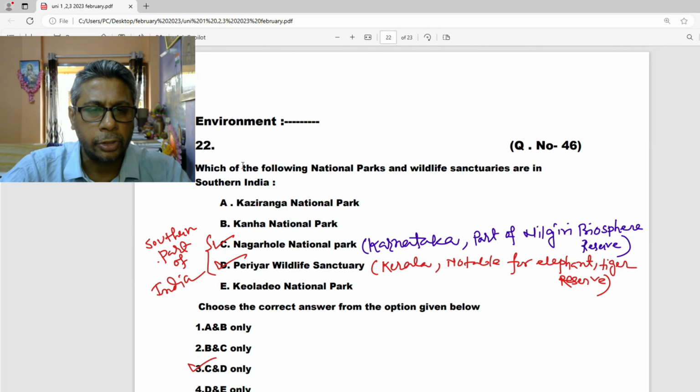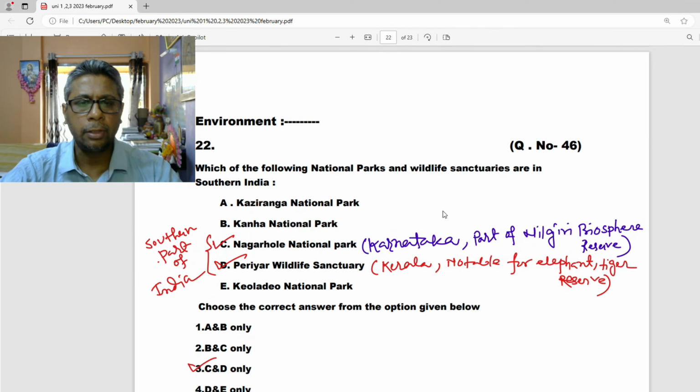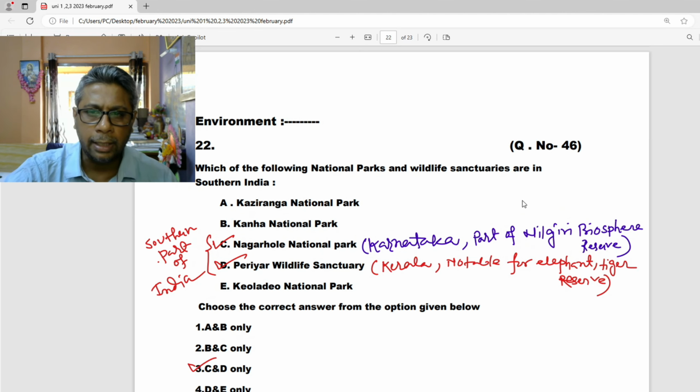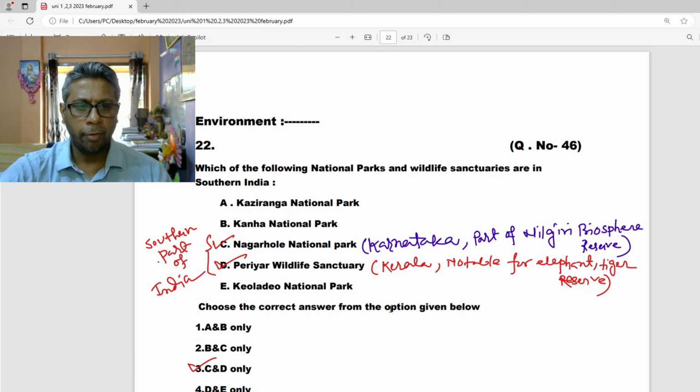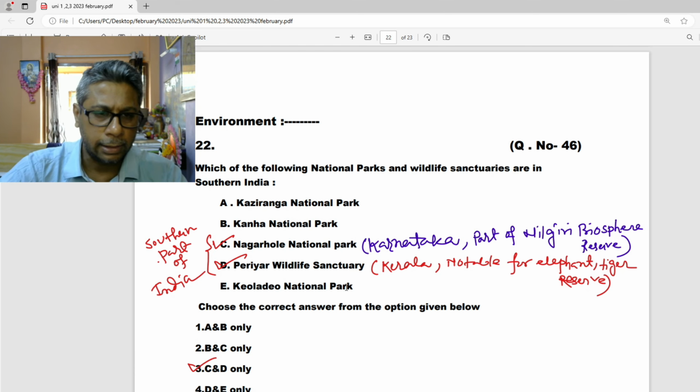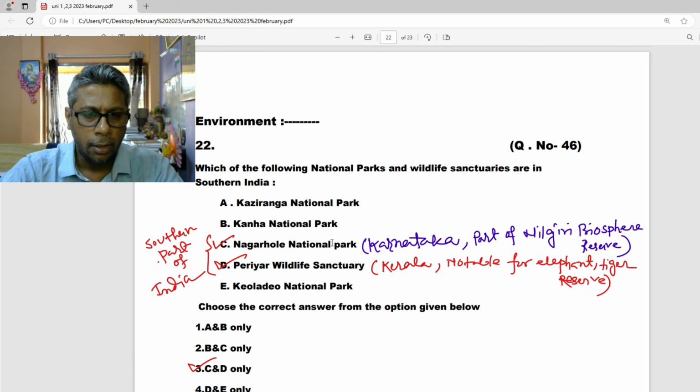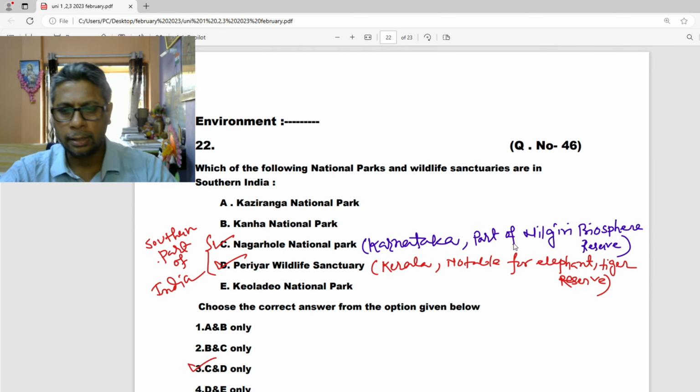This question is based on environment. Which of the following national parks and wildlife sanctuaries are in southern India? The famous national park of southern India, Nagarhole National Park, is in Karnataka.